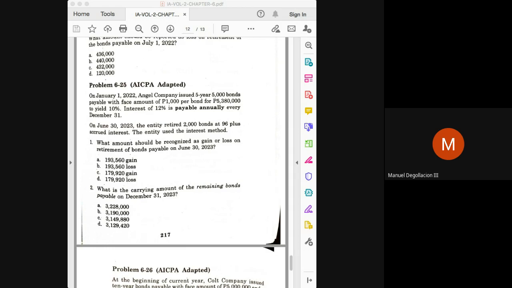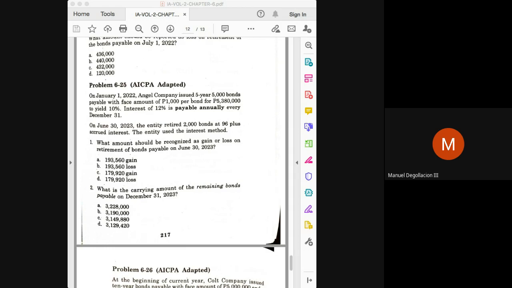Okay, and then alternative solution, the 2,127,200 minus the amortization this year of 13,640. By the way, again, the unamortized premium on the 2 million portion is 113,560. So the carrying amount then on June 30, 2023 of the bond that is to be retired is 2,113,560.